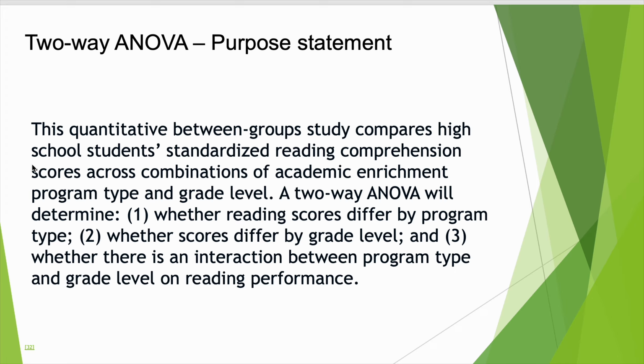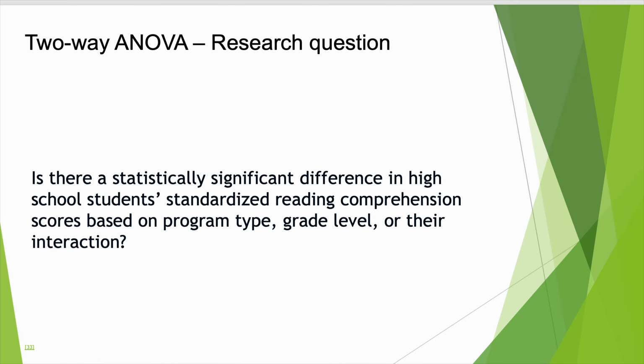Because people can belong to more than one group now, we're going to say combinations of academic enrichment type and grade level. And the ANOVA will determine whether the reading score differ by program type, grade level, and whether there is any interaction between the program type and grade level on reading performance.